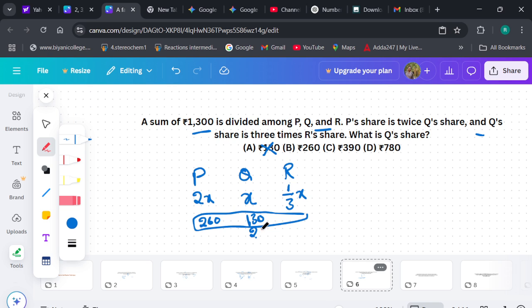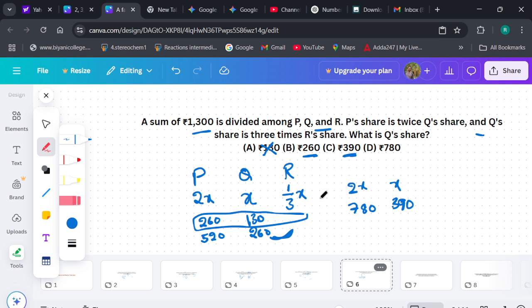Unnecessarily don't waste time. So, if I take 260, the second one, this will become 520. Okay, 520 plus 260 is almost 800. Now this one will be less than this, right? Because it is one third. Overall, will it become 1300? No. Okay, we'll take the last one. If I take it as 390, if x is 390, that means 2x will be equal to 780.